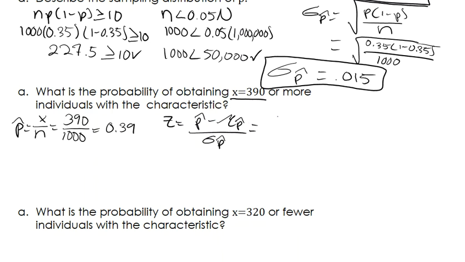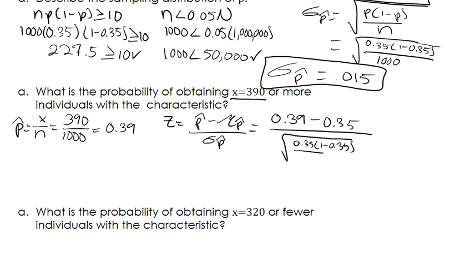So let's plug in our values. And we get a z-score of 2.65.